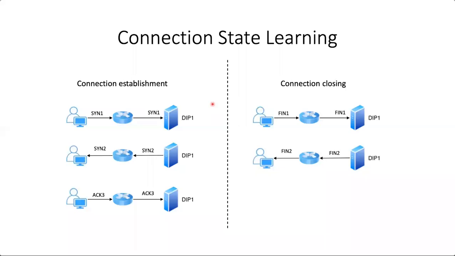When the client decides to close the connection, it will send a FIN1 packet. The server will reply with a FIN2 packet, which upon arriving to the client will close the connection safely. The load balancer will learn these two packets of FIN1 and FIN2 and will understand that the connection state can be discarded.